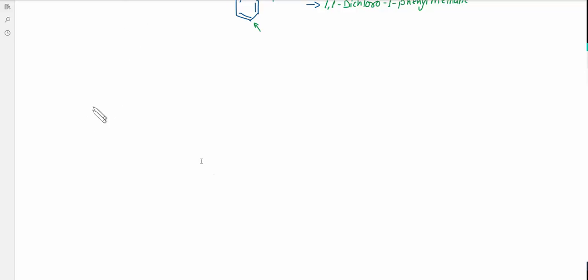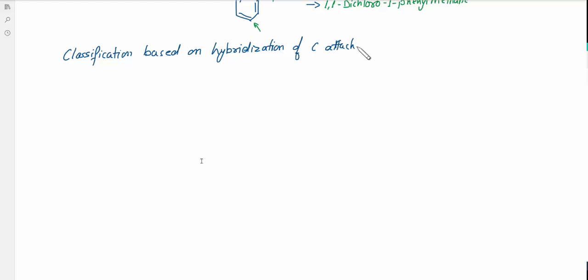So say for example we will have compounds containing sp3. So first let us say this is classification based on hybridization of carbon attached to halogen.